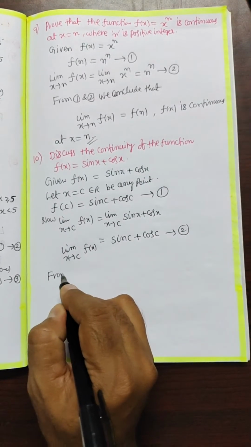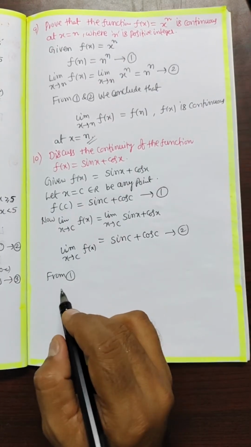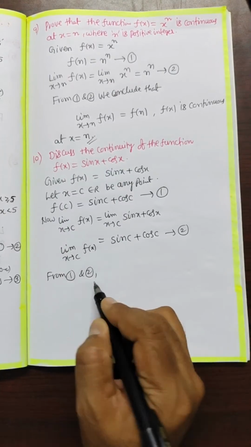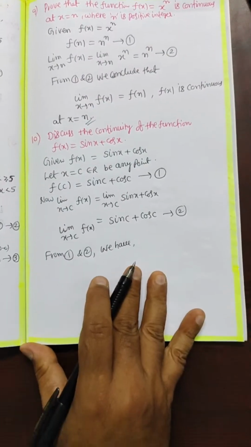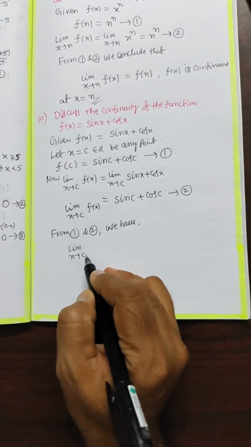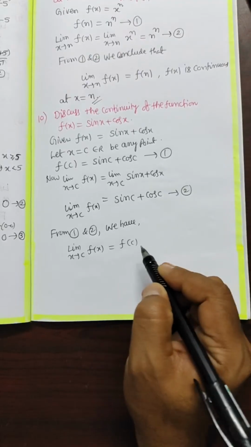From 1 and 2, we have limit x tends to c of f of x is equal to f of c.